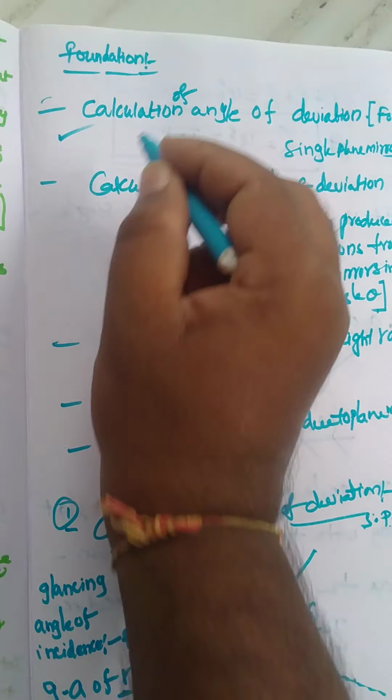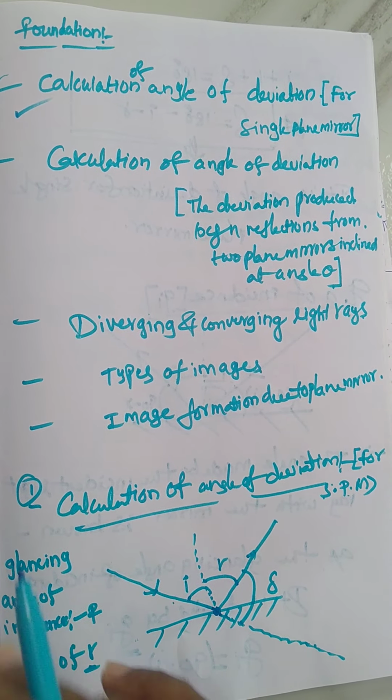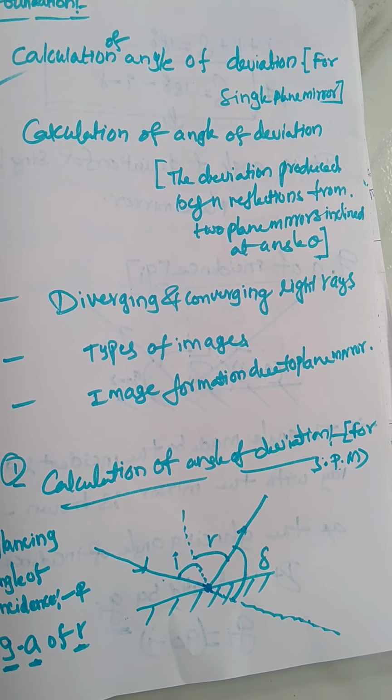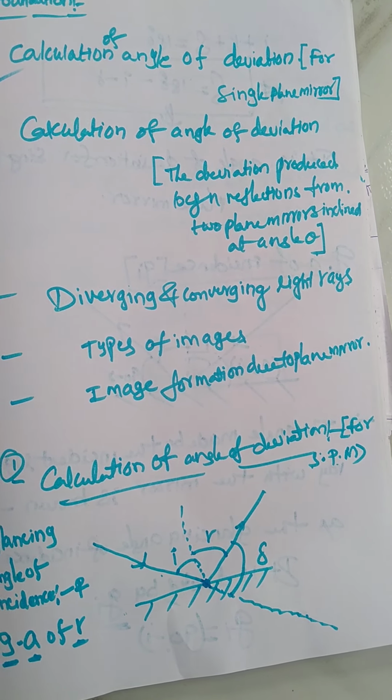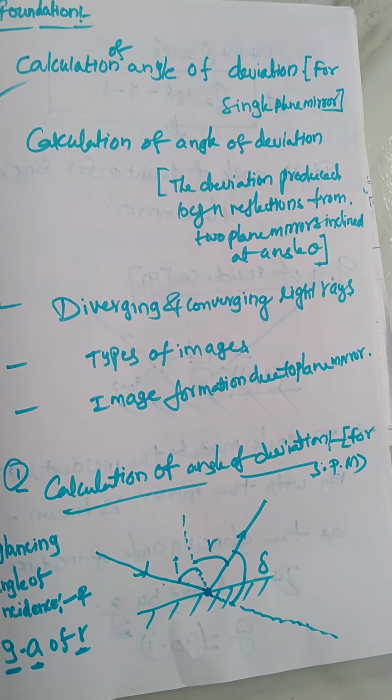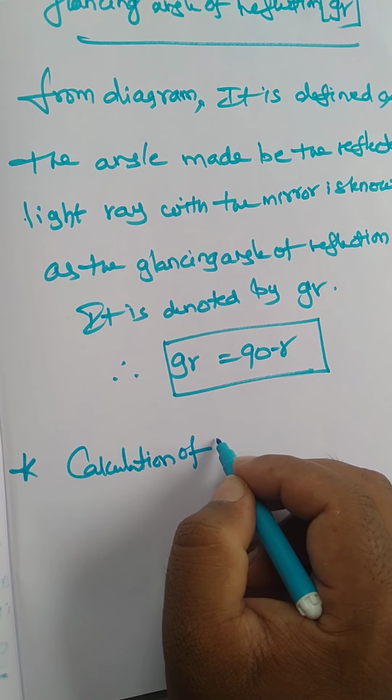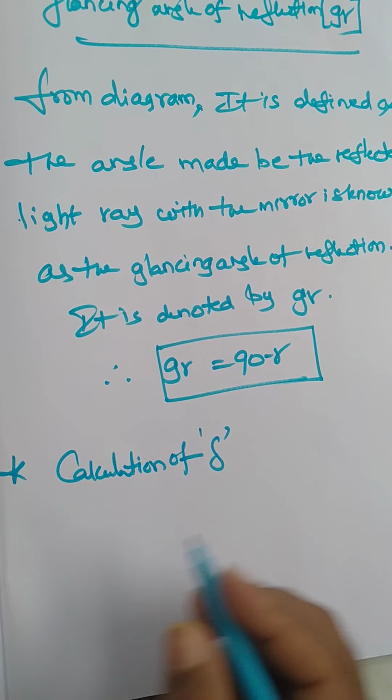So this is about glancing angle of incidence, glancing angle of reflection and angle of deviation. So this is over already. Next I am going to discuss the calculation of angle of deviation for the deviation produced by n reflections from two plane mirrors inclined at some angle theta. The second case is the calculation of delta, where delta means angle of deviation.